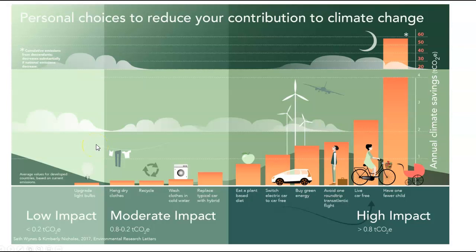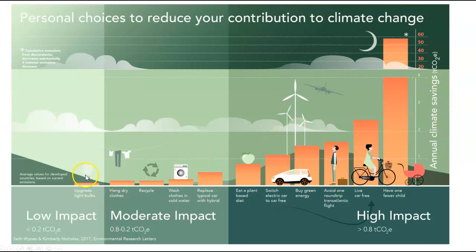So here, this is from a study from an American scientist now living in Sweden. And they looked at the amount of savings a person in a rich country like ours can do by different lifestyle choices. And here we go. We start over here. The height here is how much savings you do every year in tons of carbon dioxide equivalents.